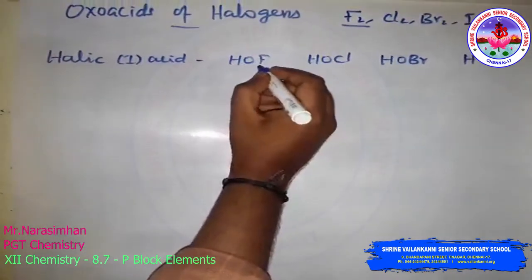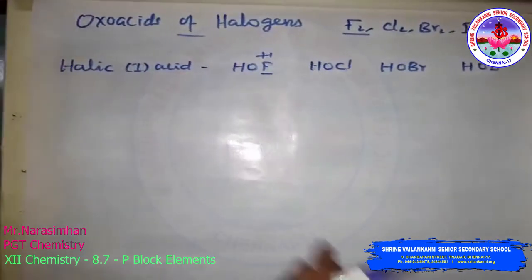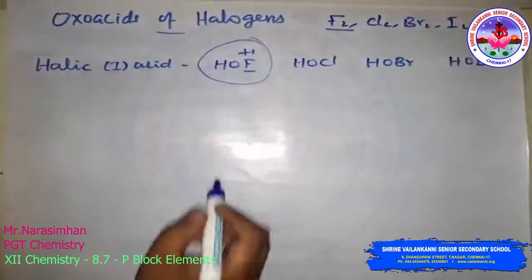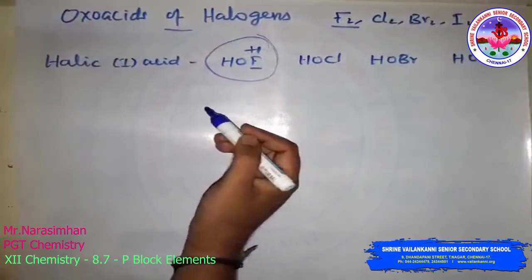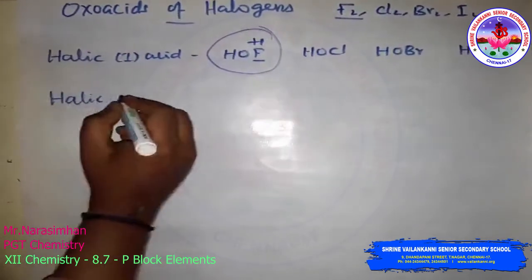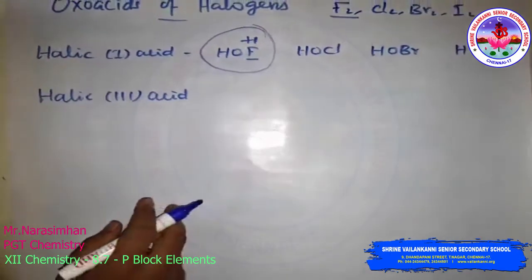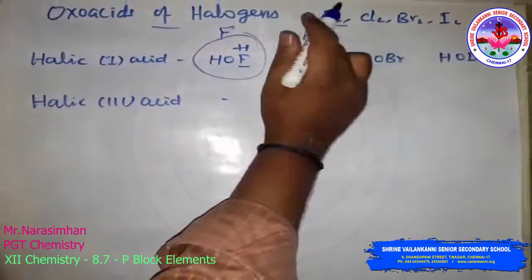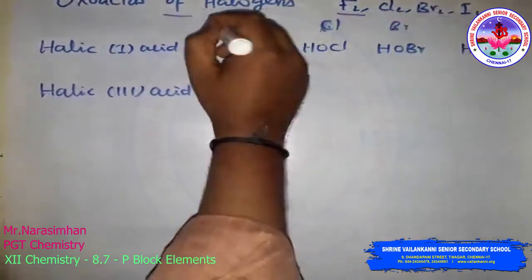In this case, the fluorine has +1 oxidation state. In other compounds, fluorine always exhibits -1 oxidation state, except in hypofluorous acid. Here only it exhibits +1 oxidation state. Then halic 3 acid, the oxoacids of chlorine, bromine, and iodine.